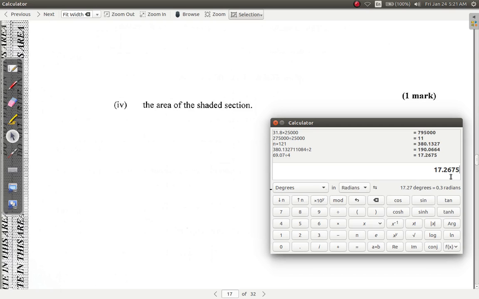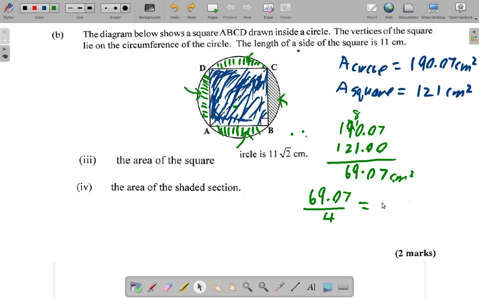But I remember them asking for 2 decimal places, so you will stop at the 6. But the number that follows 6 is 7, so you add 1 to the 6, so you're going to get 17.27. So the answer will be 17.27. The shaded area is 17.27. I write the unit centimeters squared.